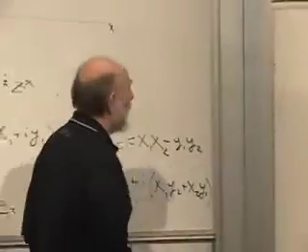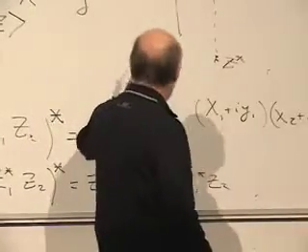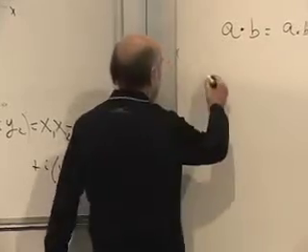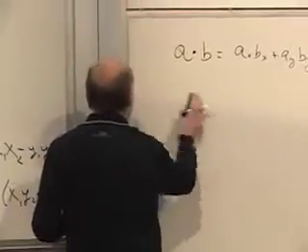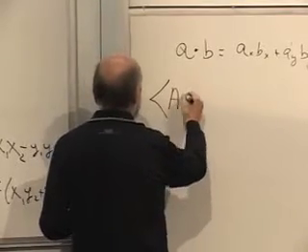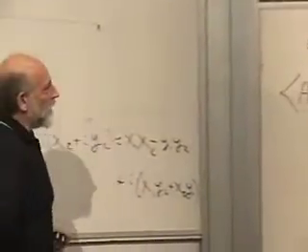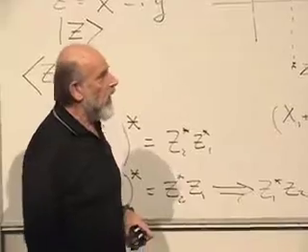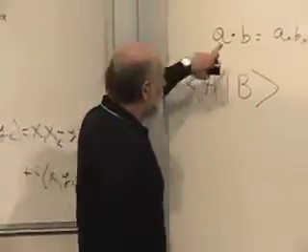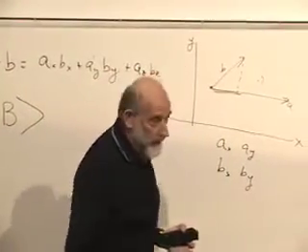In analogy with this, we invent the generalized idea of the inner product of two vectors. Let's call them capital A and capital B, and we write it as A times B. Now, this is the inner product of the ket vector B with the bra vector A. Because we were dealing with real vector spaces, we didn't have to worry about complex conjugating anything.